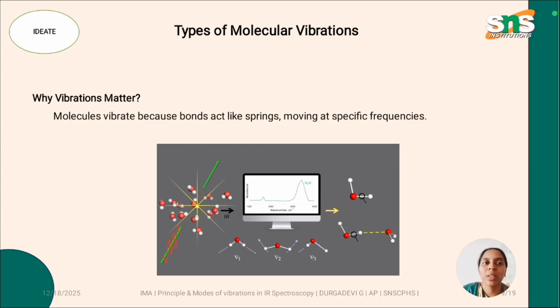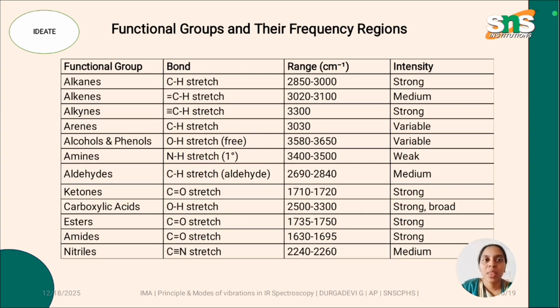By using that as a basic principle, we employ IR spectroscopy for analyzing the molecules, the functional groups and their frequency regions. You can see the various functional groups have absorption at various ranges.